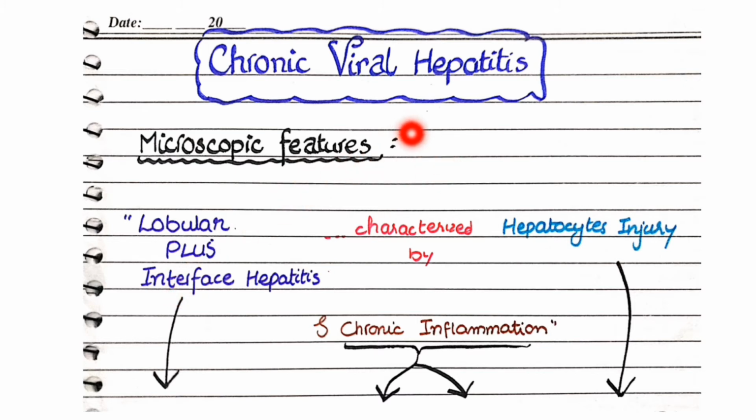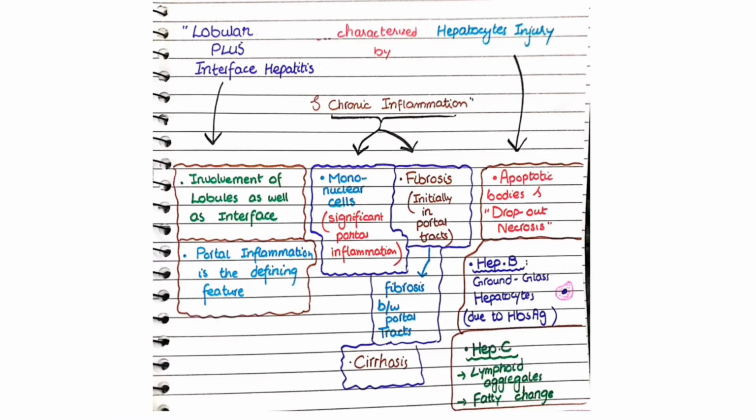The second keyword in acute viral hepatitis was hepatocytic injury, and it is the same here. The third keyword in acute viral hepatitis was inflammation, but as this is chronic viral hepatitis, we specifically use the words chronic inflammation. So remember these keywords of chronic viral hepatitis: lobular plus interface hepatitis characterized by hepatocytic injury and chronic inflammation.